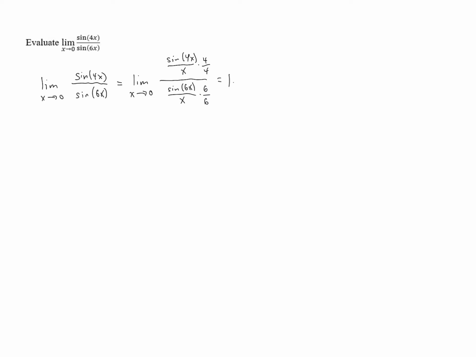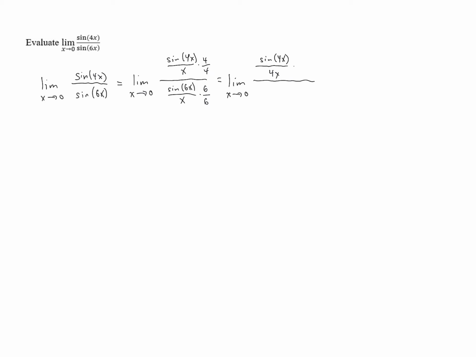Now what that does for us, we've got the limit as x approaches 0, is it allows us to rearrange things so that we can put things in the form of sine of u over u. So let's do some rearranging. We've got sine of 4x, which we want over 4x. So I'm going to take this 4 and move it into that denominator.